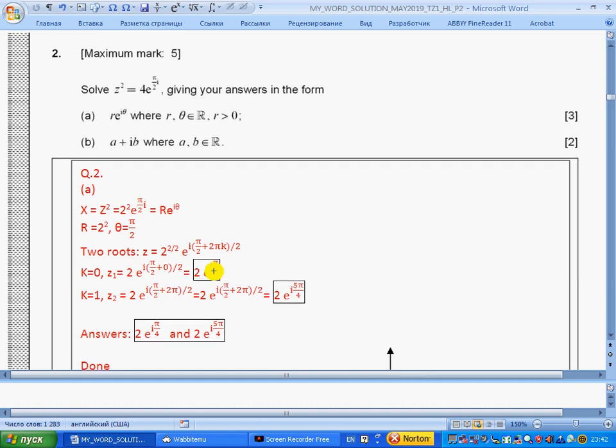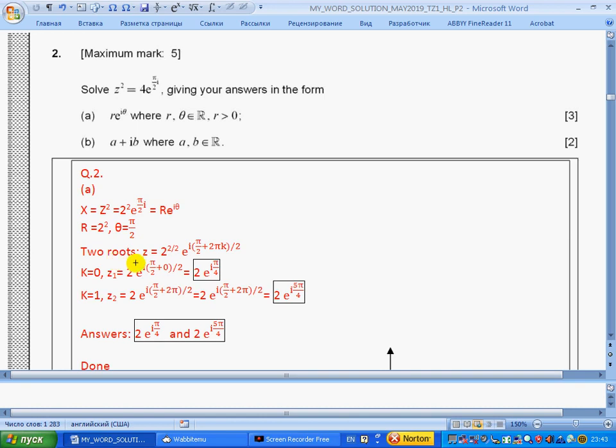Question 2. Here we have z squared equals 2 e to the power i pi over 2, a number in Euler form, and we give the answer in the form r e to the i theta and in the form a plus ib. Let's call our z squared as w. It has a modulus and it has an argument. The modulus is 2 and the argument is pi over 2.